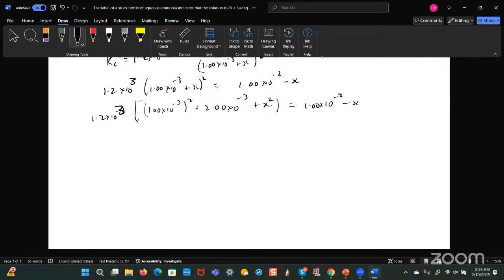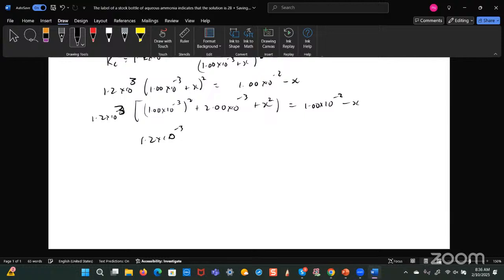So 1 times 10 to the minus 3, and then I square that, and then I multiply by 1.2 times 10 to the 3. So here, I'm going to get 1.2 times 10 to the minus 3.